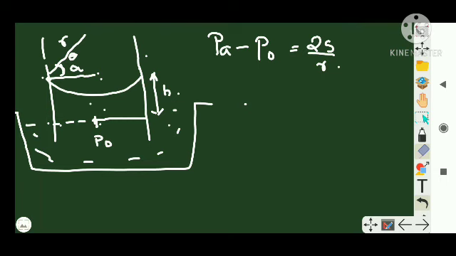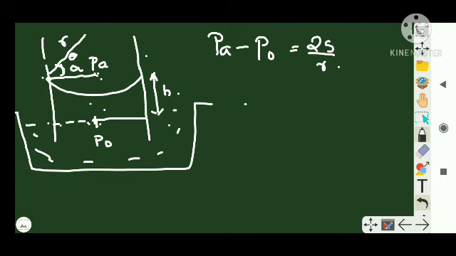The pressure on the concave surface is atmospheric pressure, and the pressure just below, on the convex side, is P naught, and we know that atmospheric pressure is greater than P naught. There is a pressure difference just below the surface.